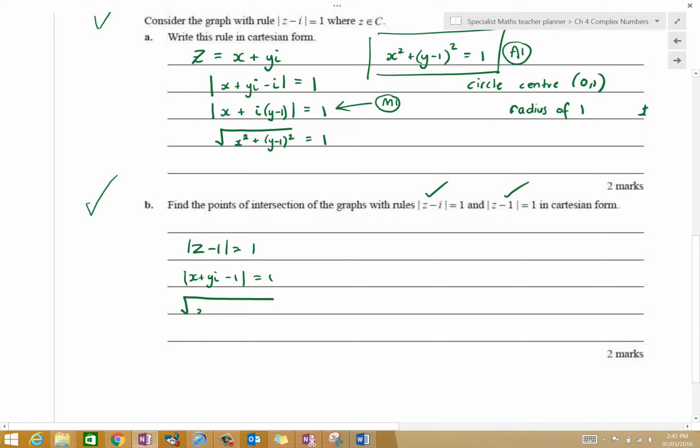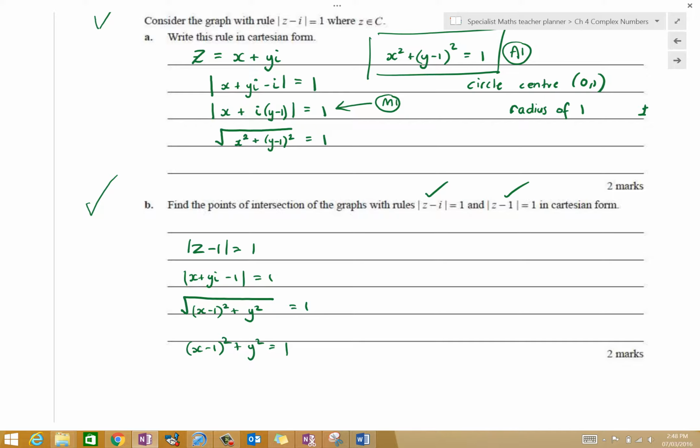I can go straight to this: (x minus 1) squared plus y squared is equal to 1. And squaring both sides, I can say that (x minus 1) all squared plus y squared is equal to 1. Okay, that's probably my method mark, but it says find the intersection of the graphs. There's some method mark there. We can do that in the calculator, however.